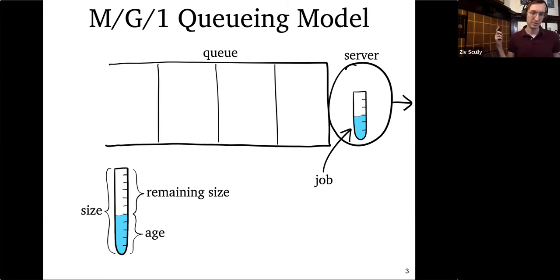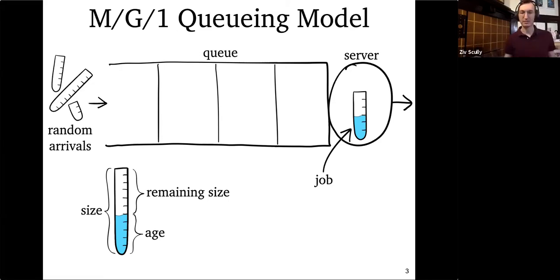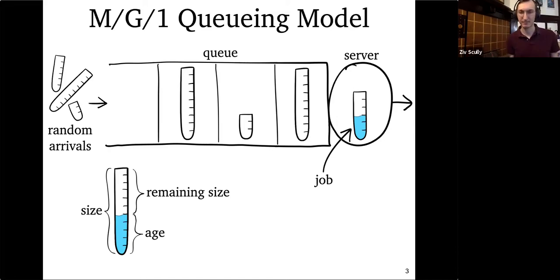And we've got jobs randomly arriving over time, so we've got both random arrival times and random job sizes. Any jobs beyond the first are going to have to wait in the queue. A queuing system is jobs waiting for service. So let me talk a bit about these random arrivals.